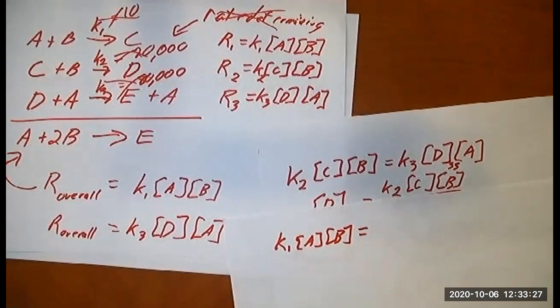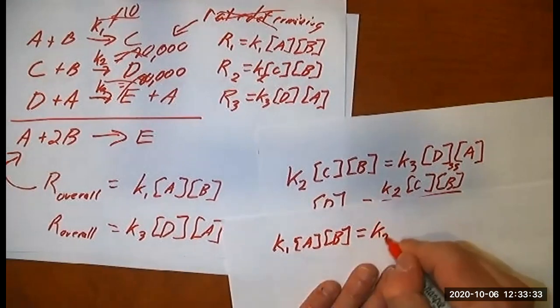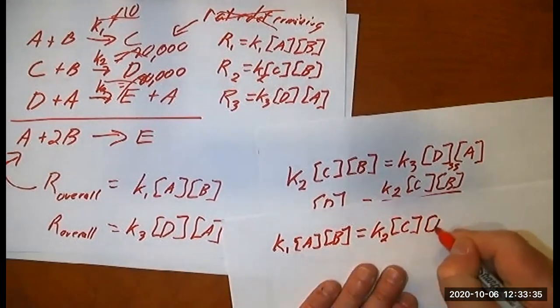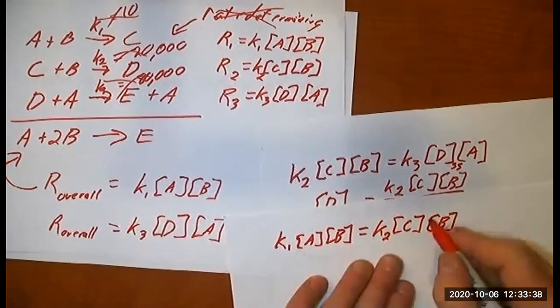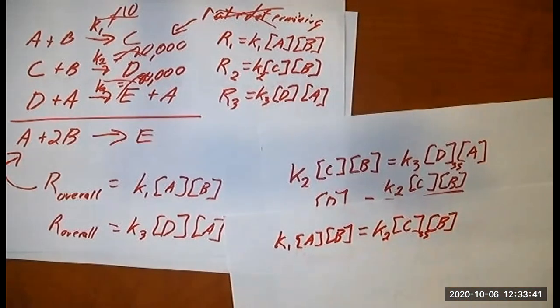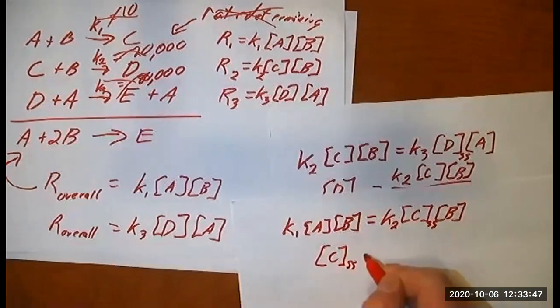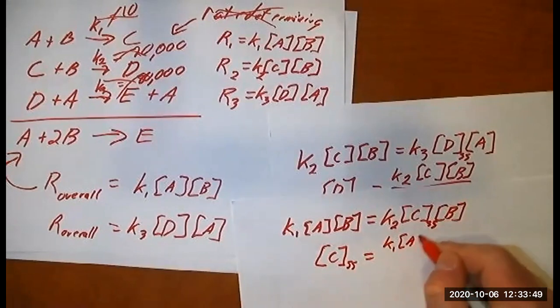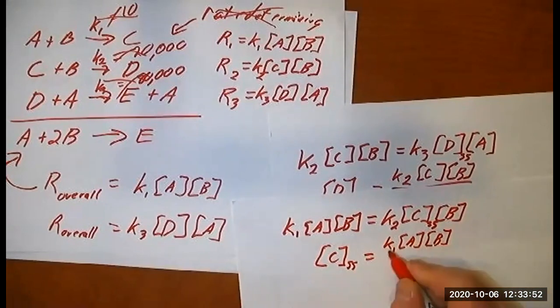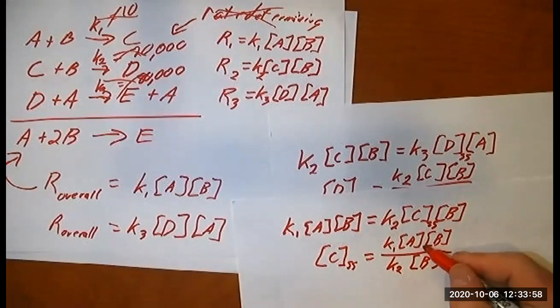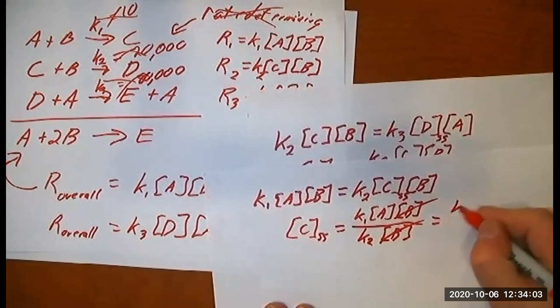What is the rate of destruction of C? R2. It's going to be K2, concentration C, concentration B. And C is the thing we are treating as steady state. So we now solve this for concentration of C. And concentration of B is going to cancel, right? So K1, concentration A over K2.